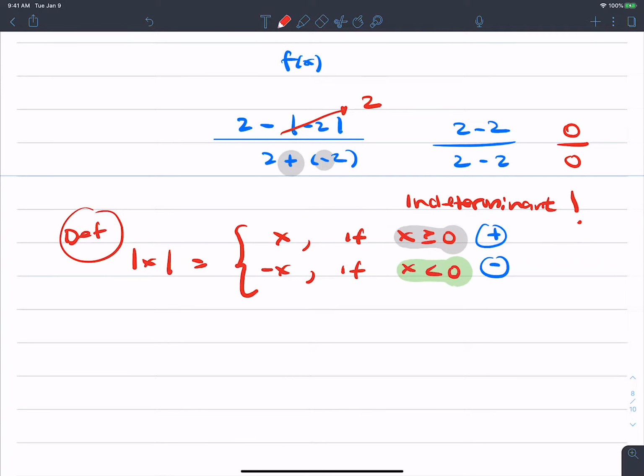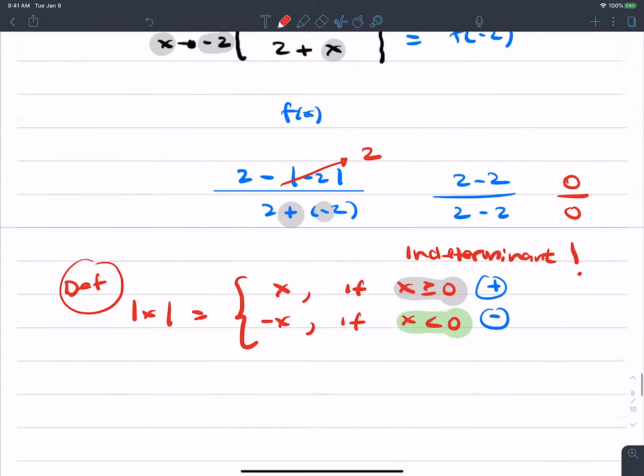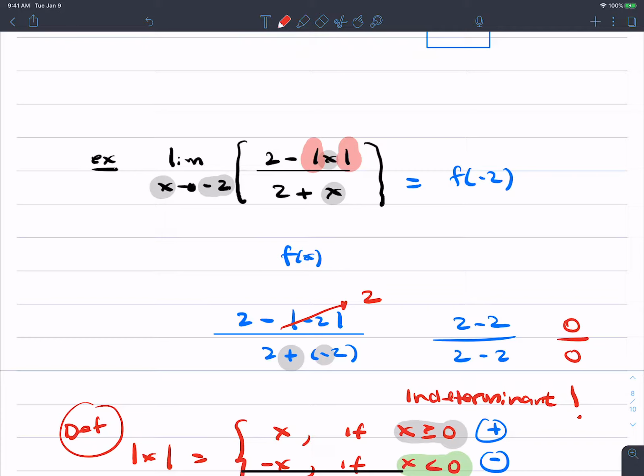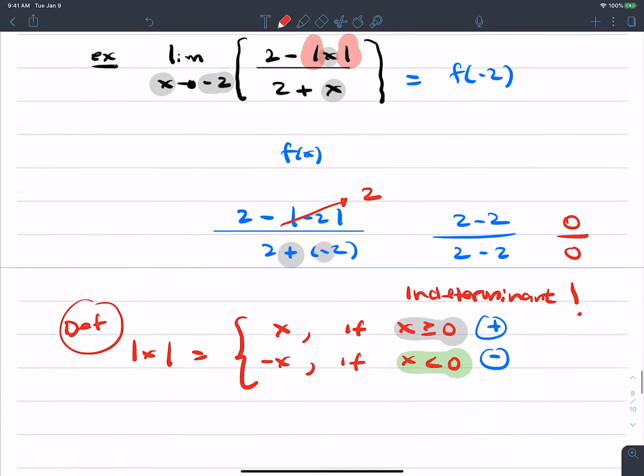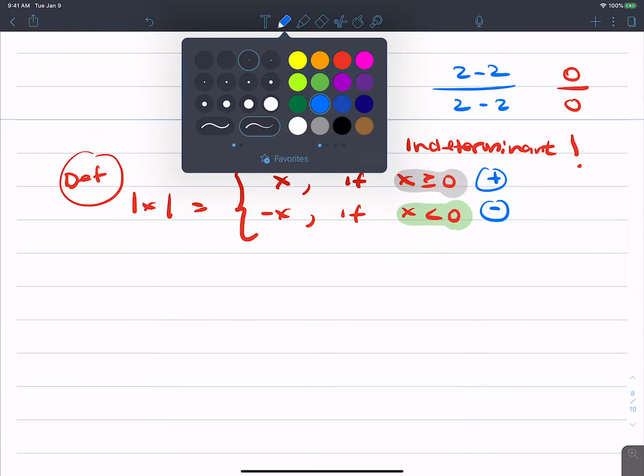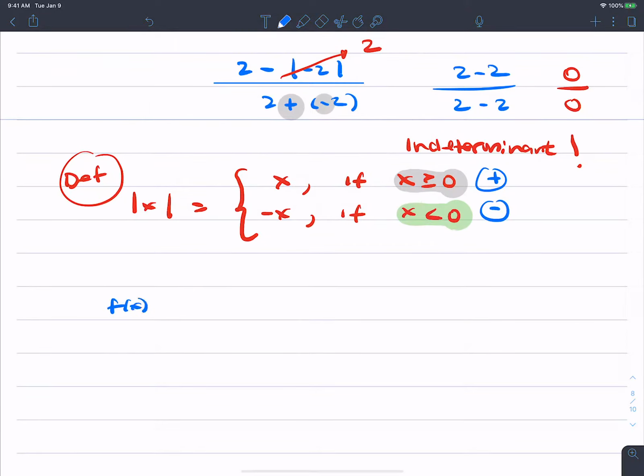Now let's look at the details. The devil's in the details. We have to know this function f is defined to be 2 minus the absolute value of x over 2 plus x.